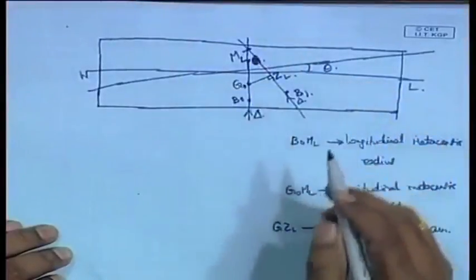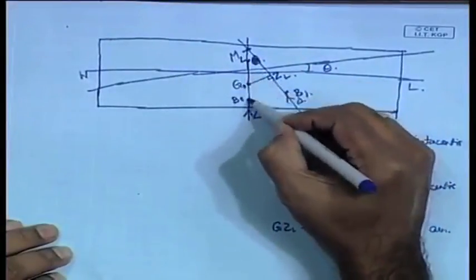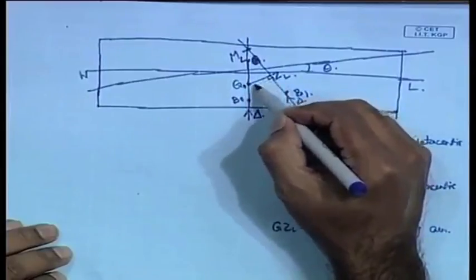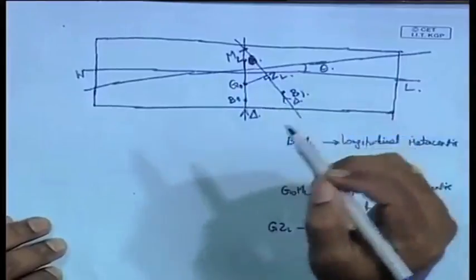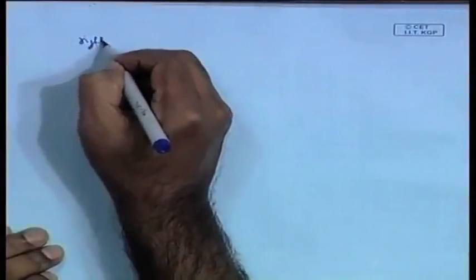So, delta, the weight of the ship, acts upwards as the buoyancy force. The buoyancy force acts upwards along B1 in the vertical direction, and between this and this, the vertical distance GZL produces a righting arm, and because of this force and this righting arm, it produces what is called a righting moment.